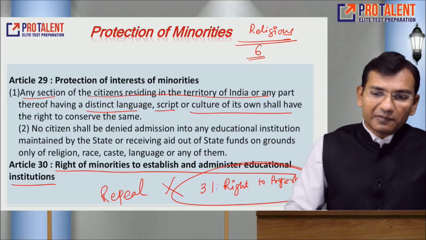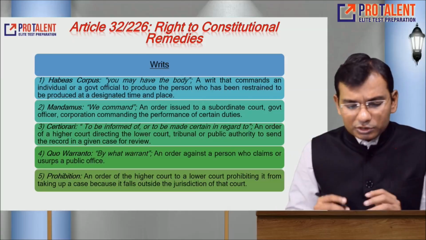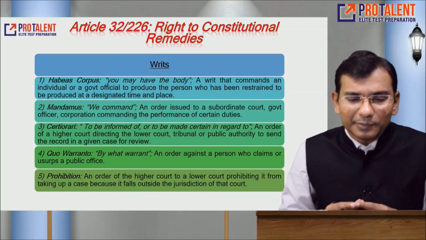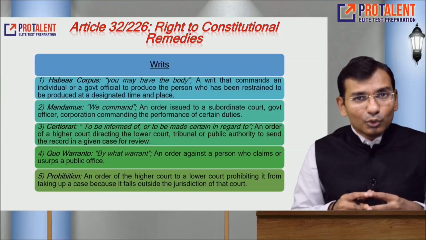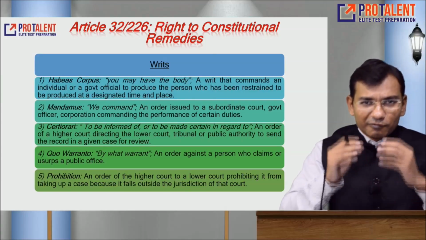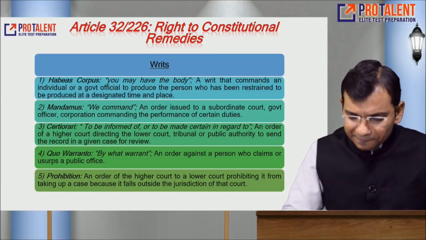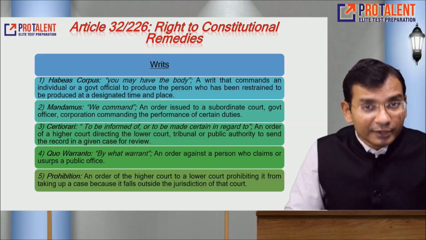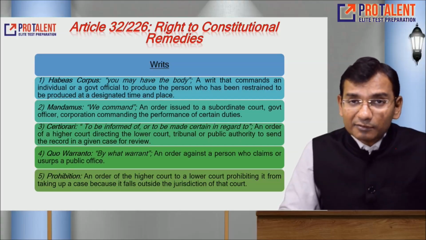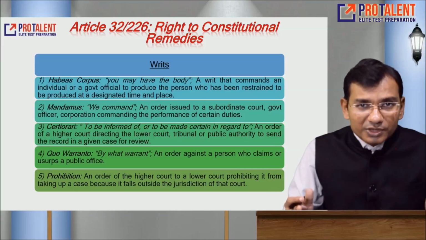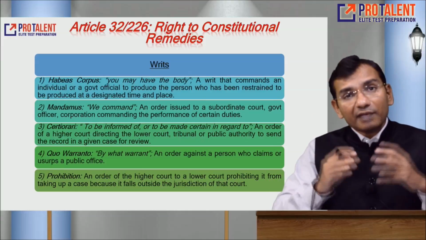And then we have article number 32 which talks about the right to constitutional remedies. Now this is one of the very important part. ठीक है, हमारे जो forefathers थे, हमारे जो fathers of constitution थे, उन्होंने ये समझा that while we are making our constitution, we have developed certain institutions, and those institutions may have a lot of power.